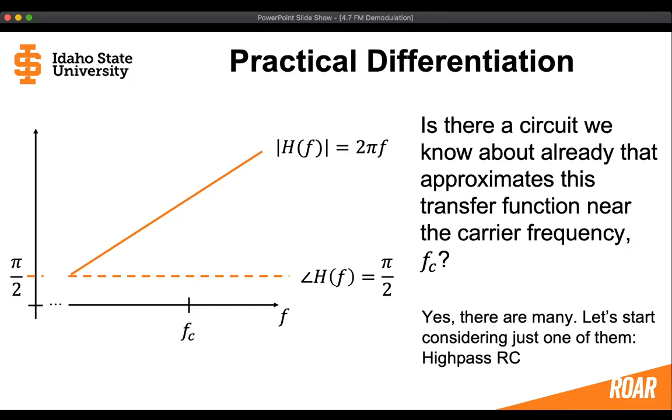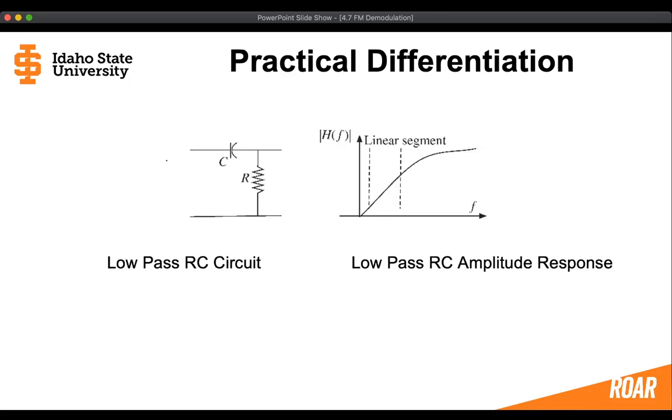Actually, there are a lot of different circuits that we could use that have a fairly linear sloped line as the magnitude response. So let's start by considering just one of them, and that's the high-pass RC filter. The RC filter that looks like this is actually a high-pass RC filter. I see that I have that written incorrectly.